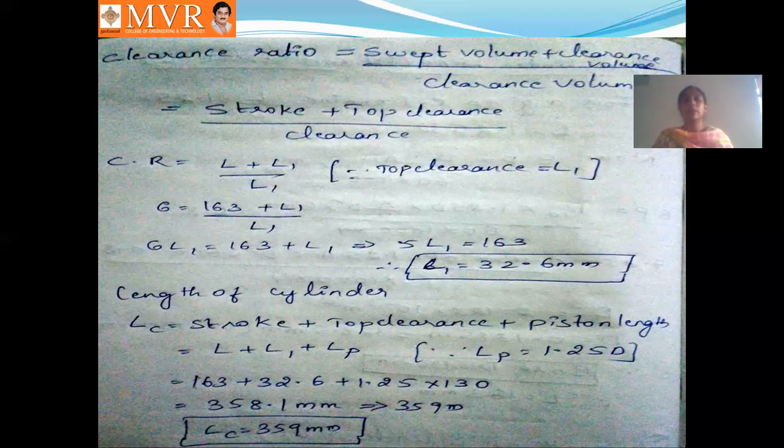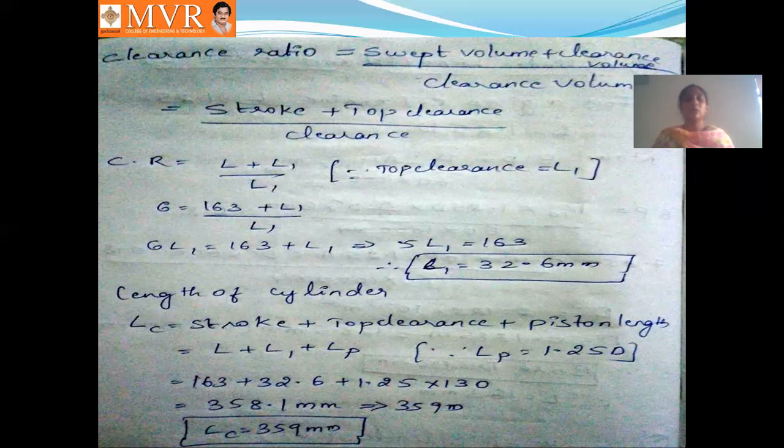Swept volume we can take as the stroke, and clearance volume is the top clearance. So the compression ratio is equal to L plus L1 by L1. Substitute all the values, then L1 is equal to 32.6 mm.